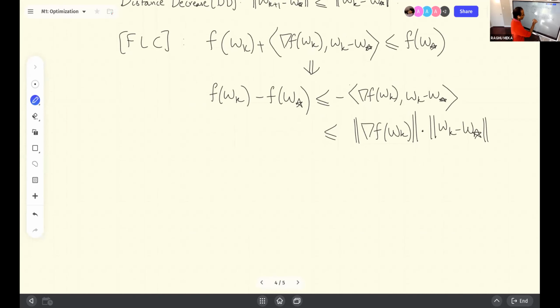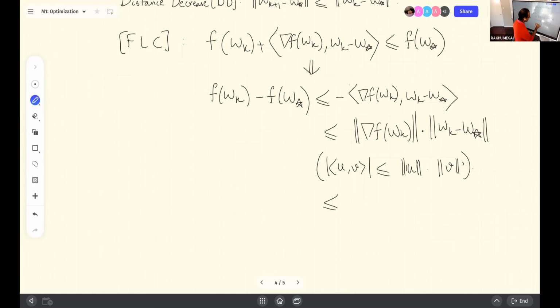This is because the inner product of u, v, the absolute value, is at most the 2-norm of u times the 2-norm of v, always. Right? The angle is at most the product of the lengths. Okay?